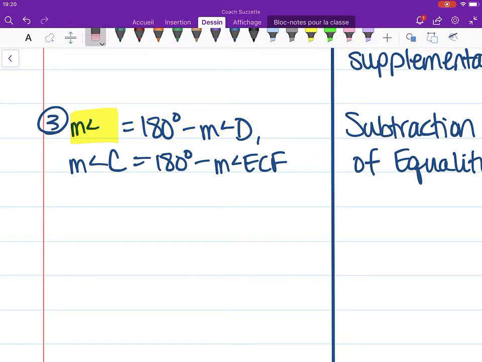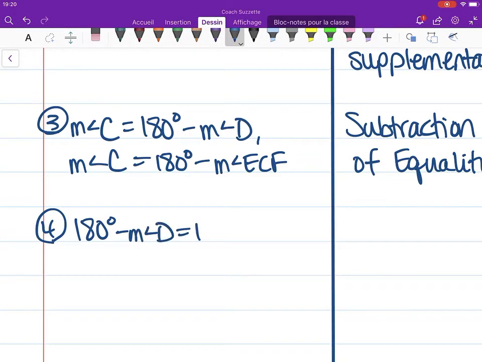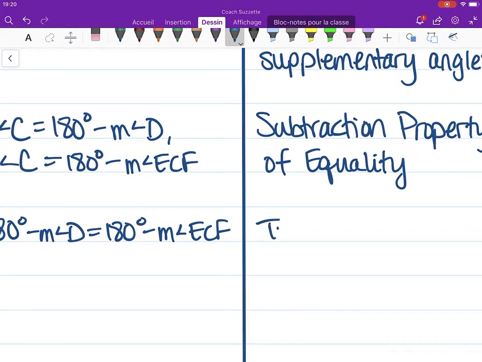Oops. So let's have that be our next line, that these are equivalent. 180 degrees minus the measure of angle D is equal to 180 degrees minus the measure of angle ECF by transitivity.